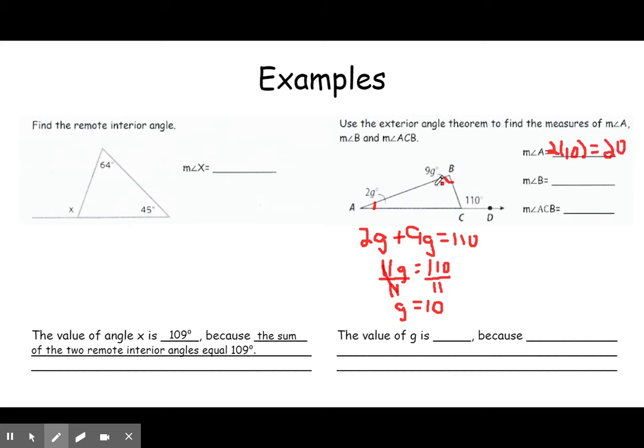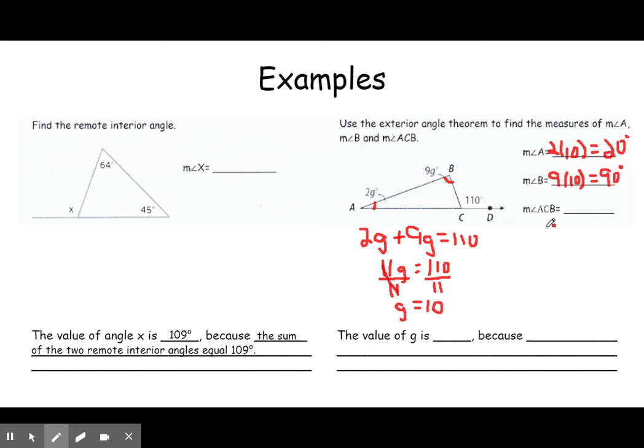Angle A isn't just G, it's 2 times G. Let's do the same for angle B. Angle B is 9 times G, and we found that G is 10. So 10 times 9 gives us 90 degrees.